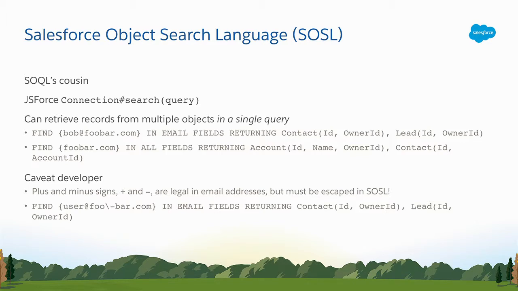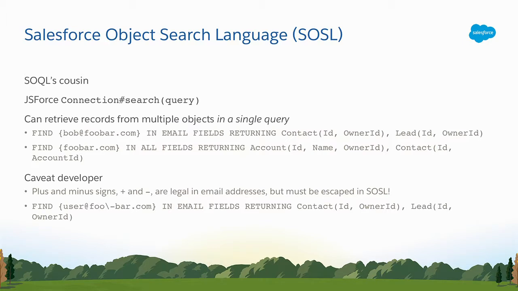So if you look at that first line of code there, we can find an email address in any email fields, so we don't even have to specify the specific field, and return contacts and leads. And we can get the ID and other fields.